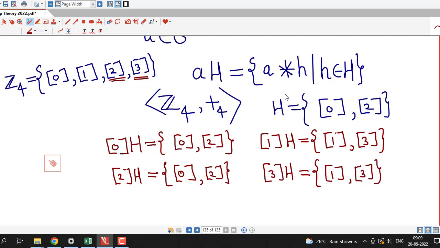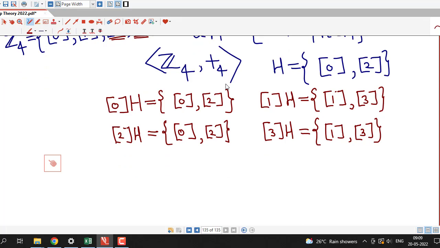Now we observe this example which we did in the last lecture, and from this we try to understand the properties of left cosets. The first thing is that the number of elements in every left coset is the same, namely 2, and that number is equal to the number of elements in the given subgroup.